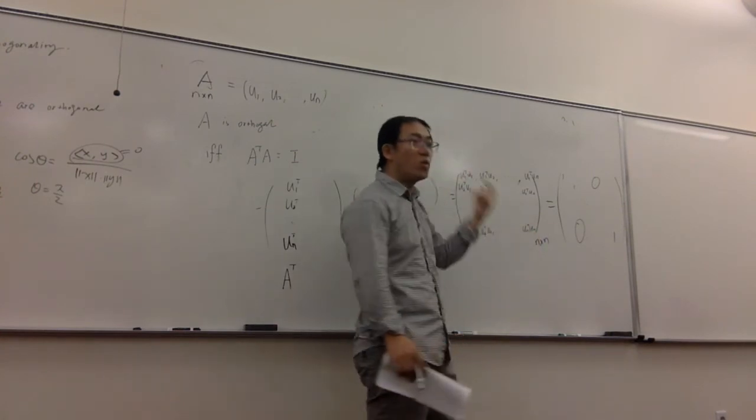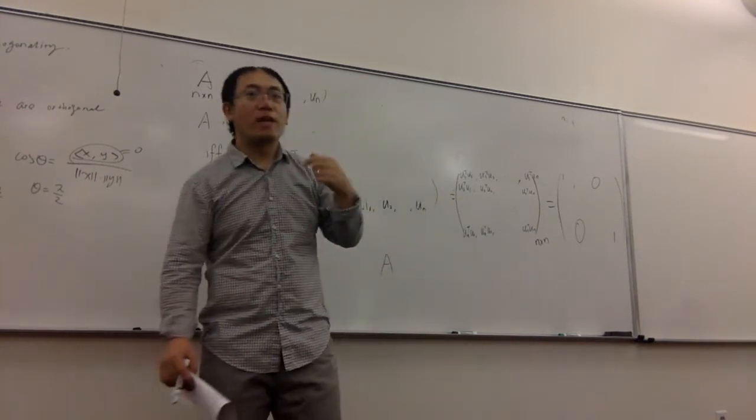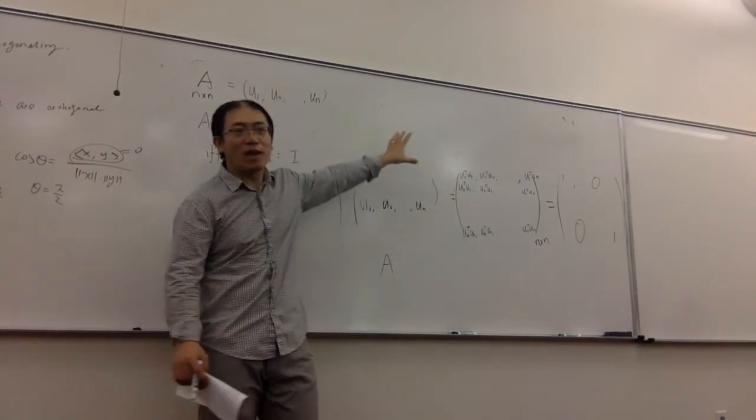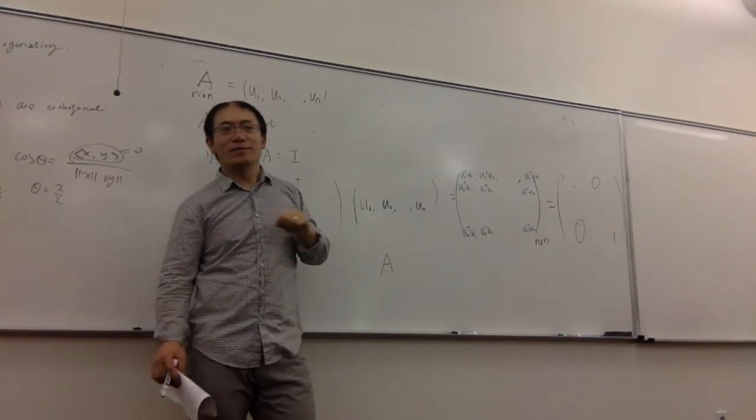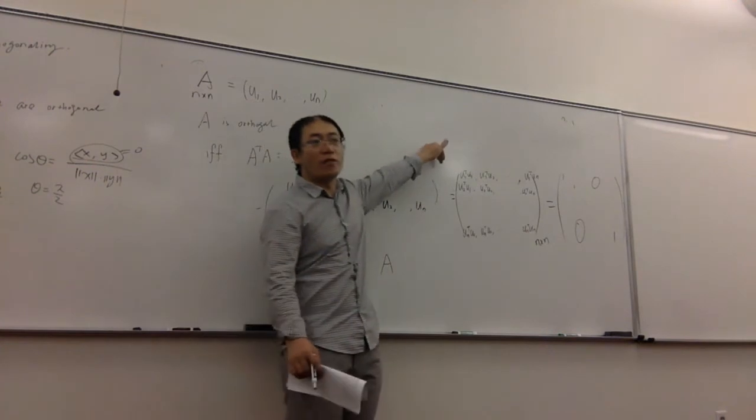So ui transpose ui is 1. What's the definition for that? It's the square of the Euclidean norm.